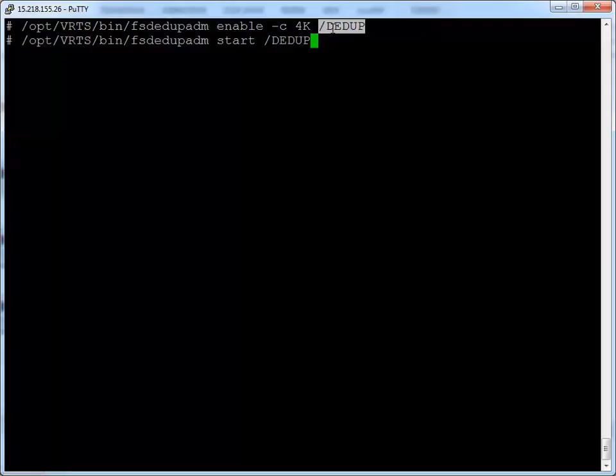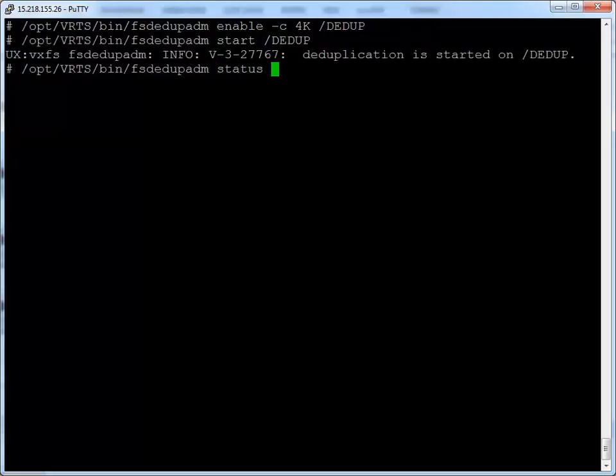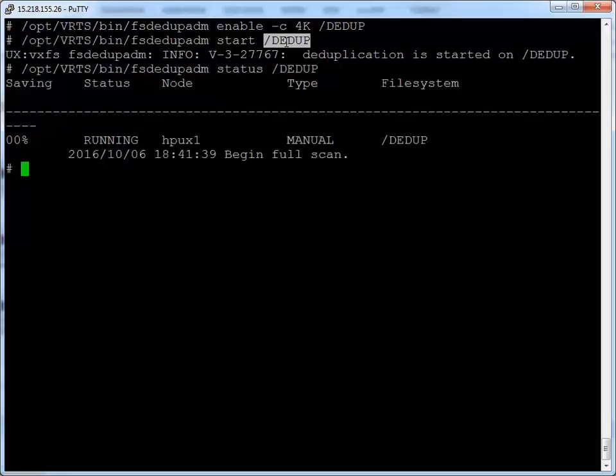We can also regularly keep checking the status of the job to see how much space savings have been achieved. For now, you can see that the space savings is 0% and the first phase of scanning the full file system is in progress. Let's wait for some time.